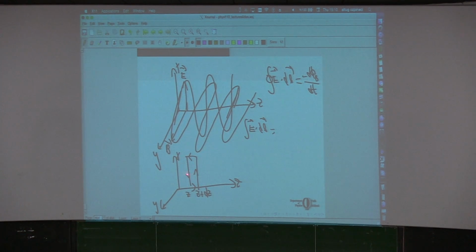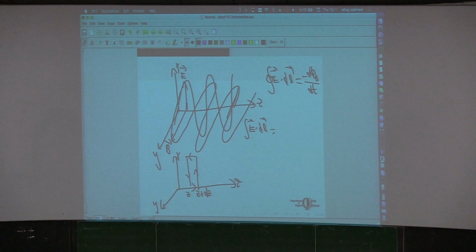I only get contributions from this vertical and the other vertical. Now the electric field, let's say, is pointing upward at this Z point, so I get a positive contribution from E dot dl from here, and a negative contribution from E dot dl from here, because the electric field is pointing up, let's say at this instant, and the line element is pointing down.